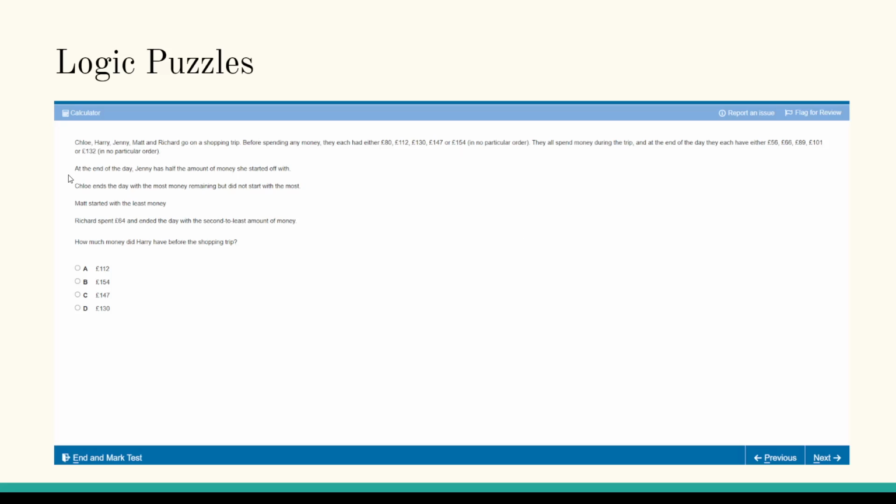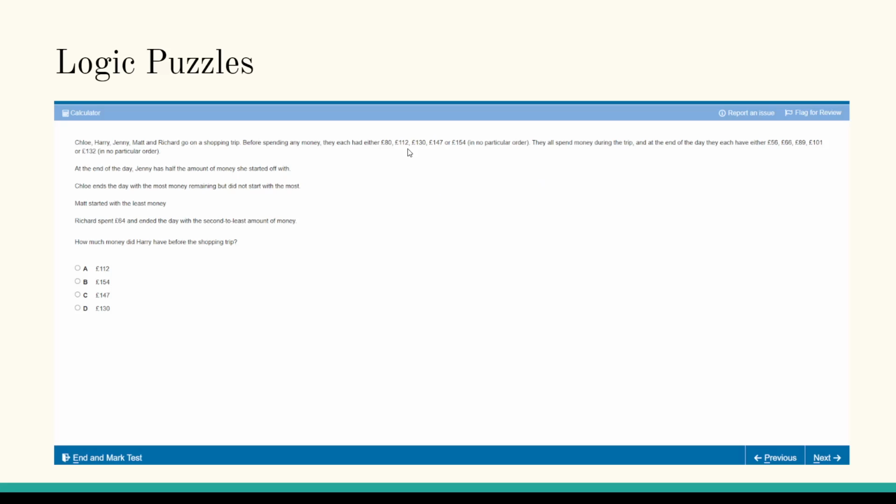Okay, so the question asks how much money Harry had before the shopping trip. We know this section is for before they spent the money, and this section was after they spent the money. At the end of the day, Jenny has half the amount of money she started off with.